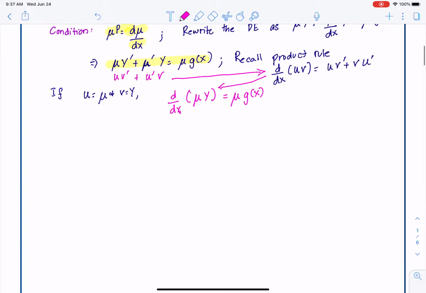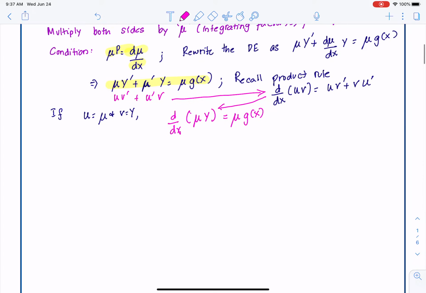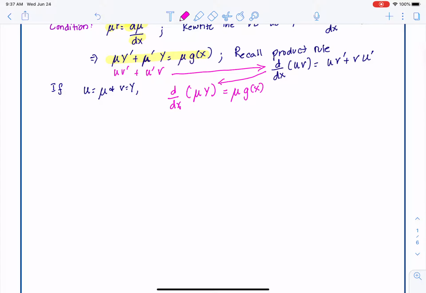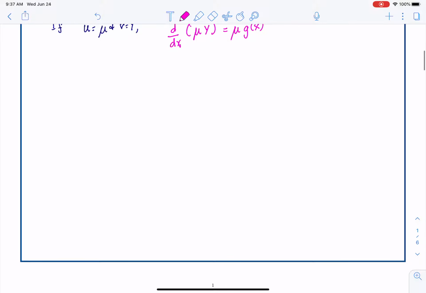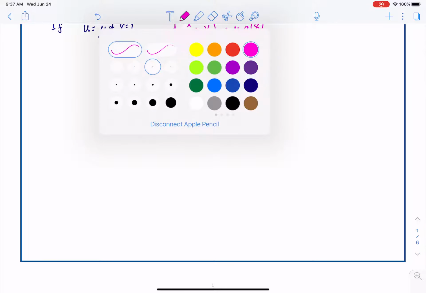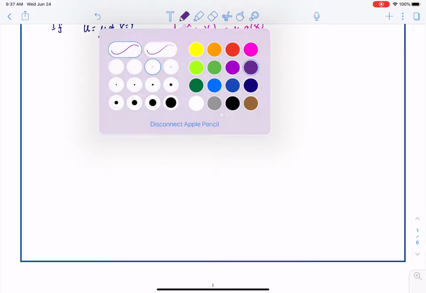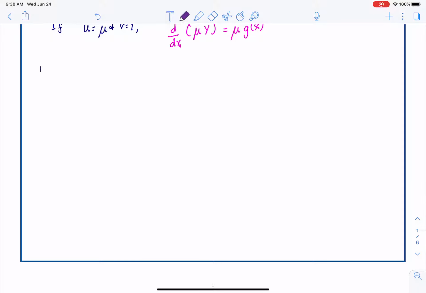So the first step is to solve for that integrating factor. We already know that our condition is satisfied, or our assumption is true. So based on mu times p equals d mu over dx, I could solve for mu.